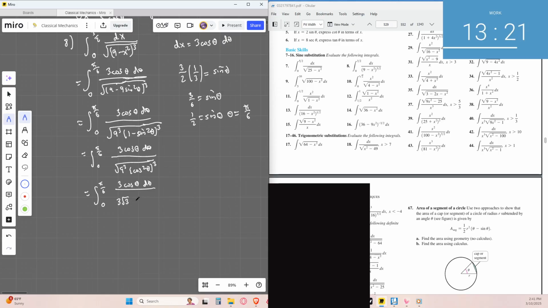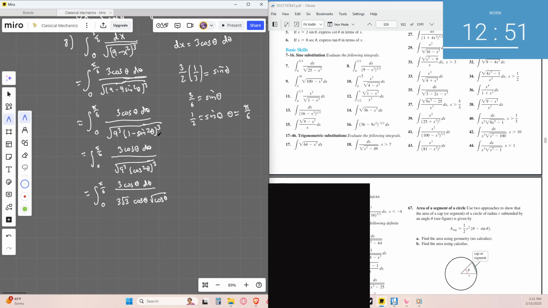Because then that would be like 27. And then for this one, we'll be left with just the square root of cosine. Because we are left with the square roots underneath here.